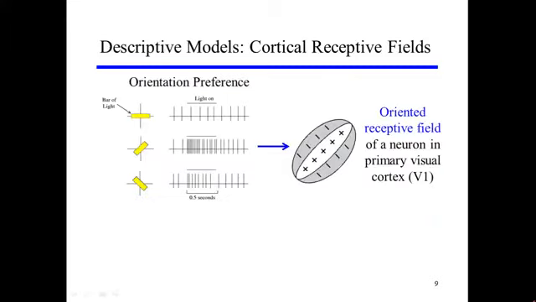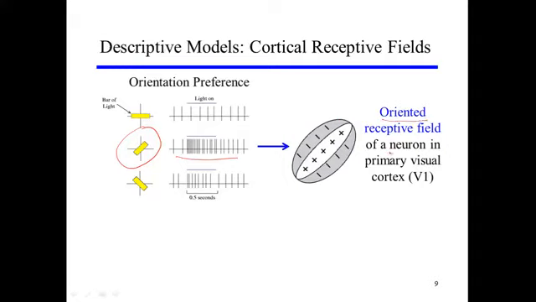Well, remember what happened in the Hubel and Wiesel movie that I showed you earlier. In that movie, we saw that a particular cell responded robustly to an oriented bar of light that was oriented at a 45-degree angle. So this gives rise to receptive fields that look like this in the visual cortex. So these are called oriented receptive fields because they're oriented at different angles.